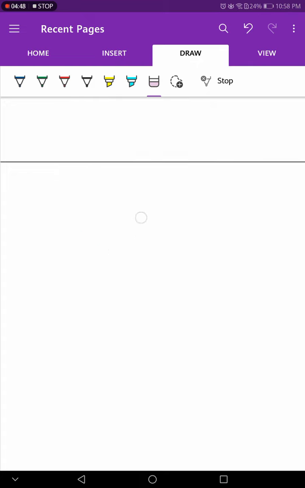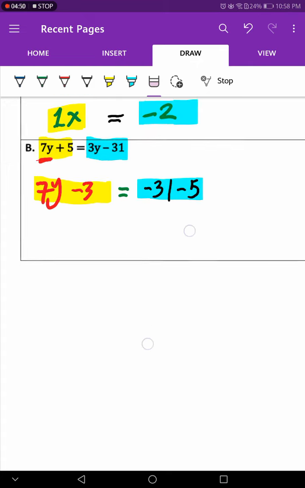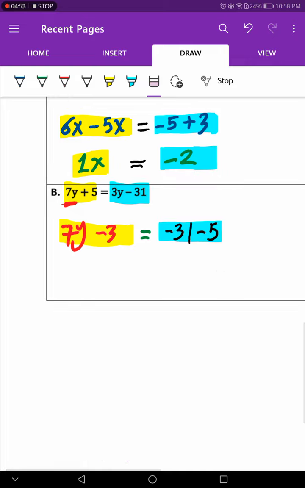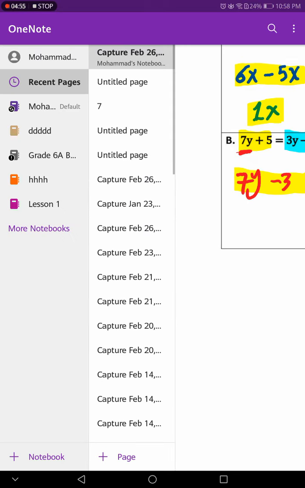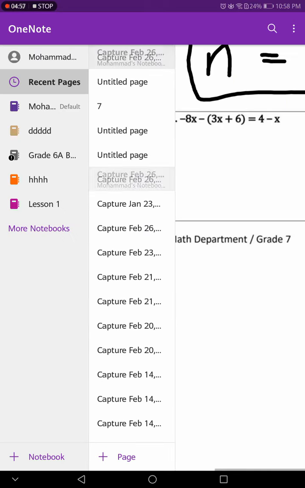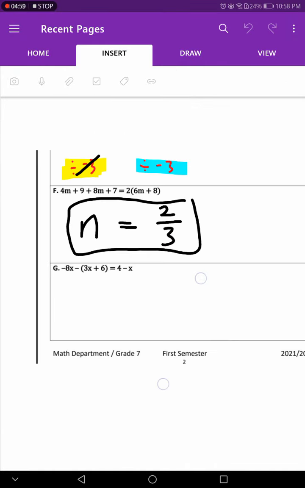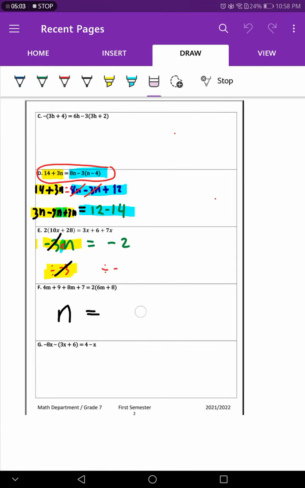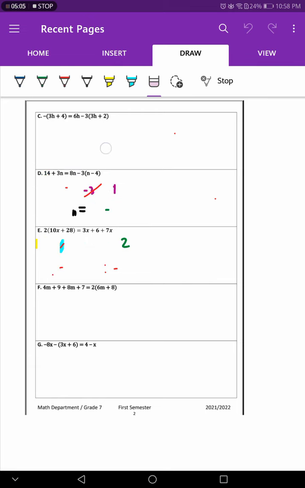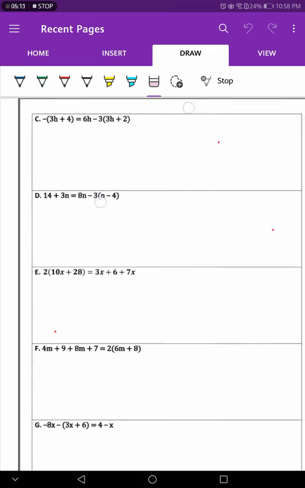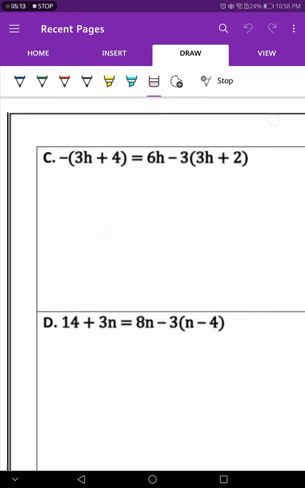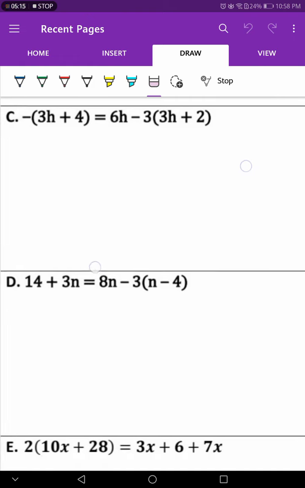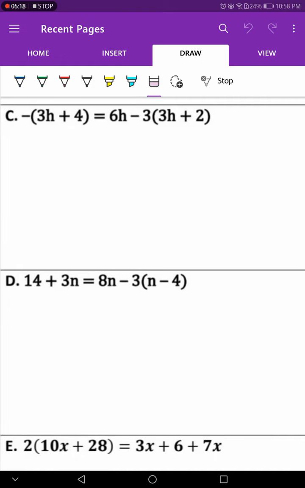Okay, let us move to C here. Yes, see, it is here, the solution from my student. So I'll clear it now and move to C. To solve C here, I have parentheses. As you know, my dear students, the first step is to break the parentheses.